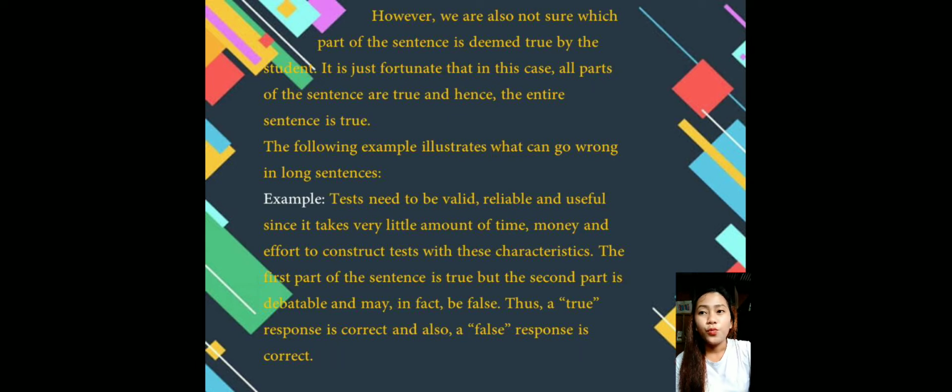Long sentences, where some students notice that there is an error in a sentence, are false. An example with this is: tests need to be valid, reliable, and useful since it takes very little amount of time, money, and effort to construct tests with these characteristics. So, the first part of the sentence is true, but the second part is debatable and may in fact be false.